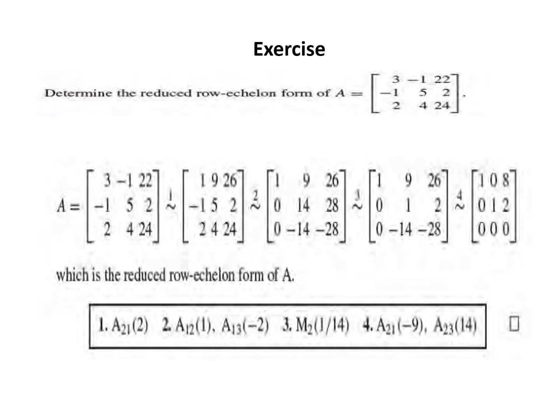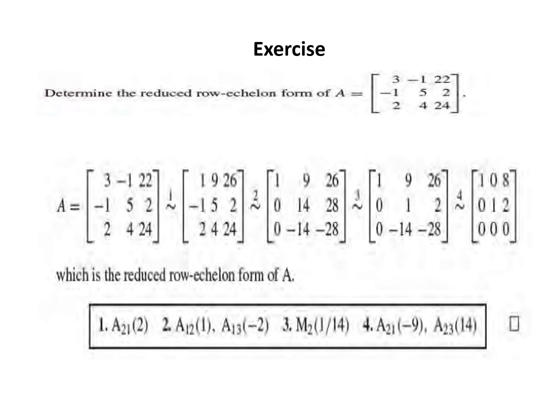After applying that addition operation, we obtain that matrix: 1, 9, 26, minus 1, 5, 2, 2, 4, 20. So you see at position 1,1 we find the key element.